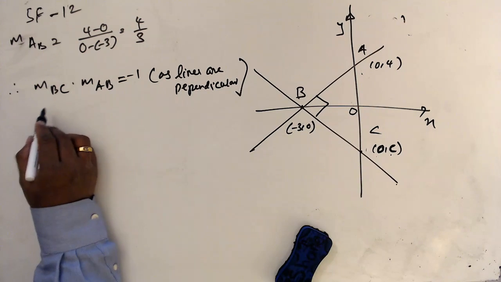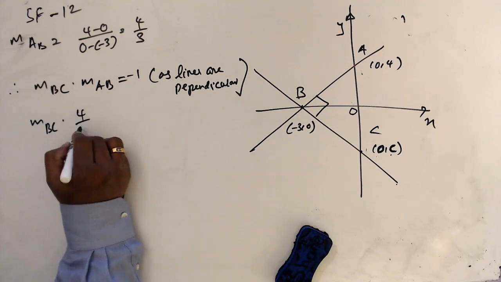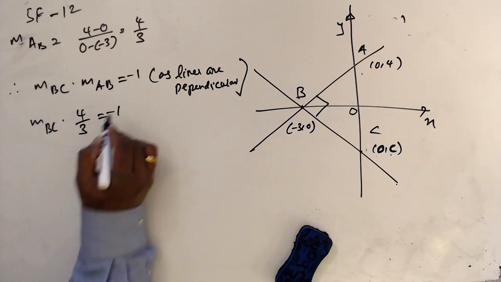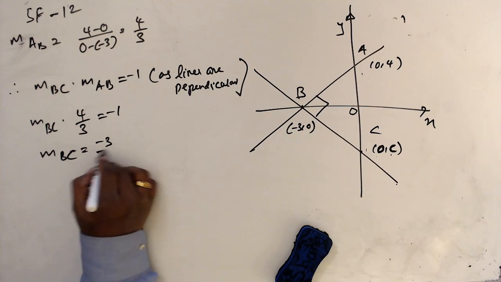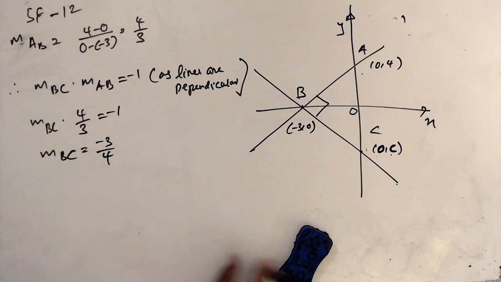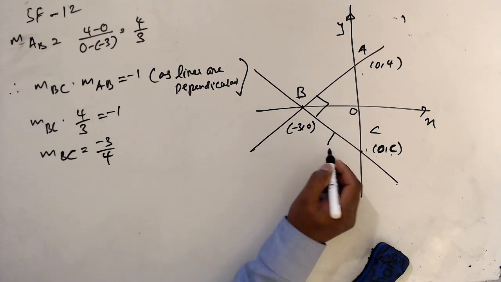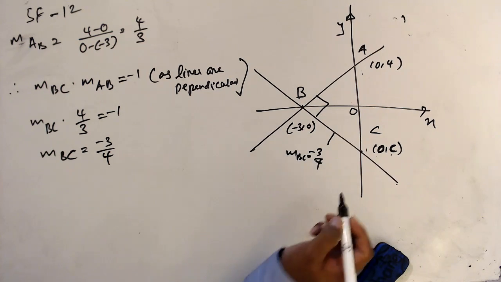Then MBC times 4 over 3 equals minus 1. MBC equals minus 3 over 4. Now we have the gradient MBC equals minus 3 over 4.